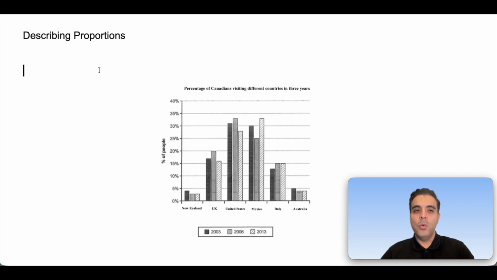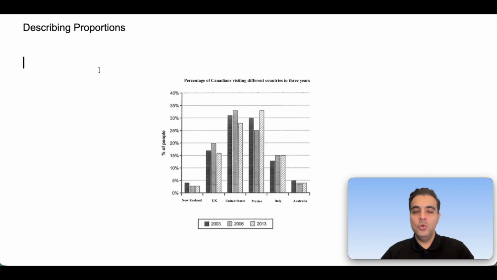And again, while bar charts do include proportions, as do tables and other types of charts that describe discrete data, this is particularly useful for pie charts, because when you're dealing with a pie chart, proportions is basically all there is. It's basically looking at percentages and proportions.